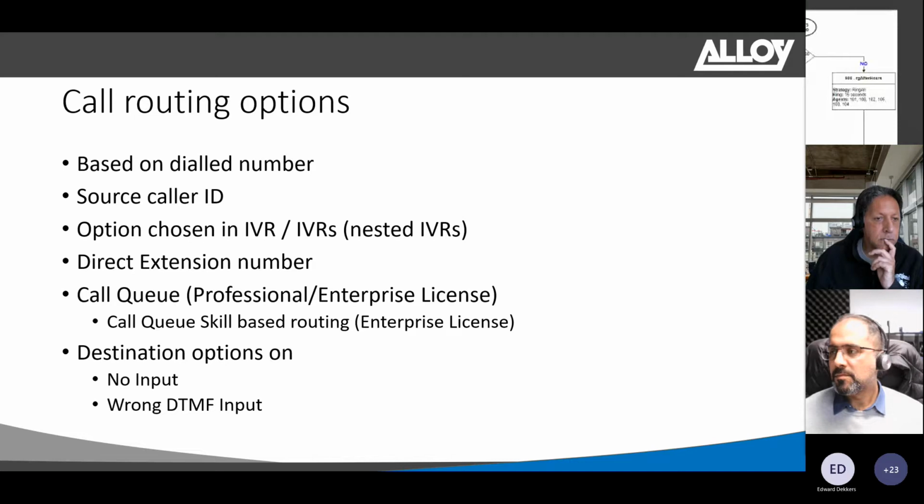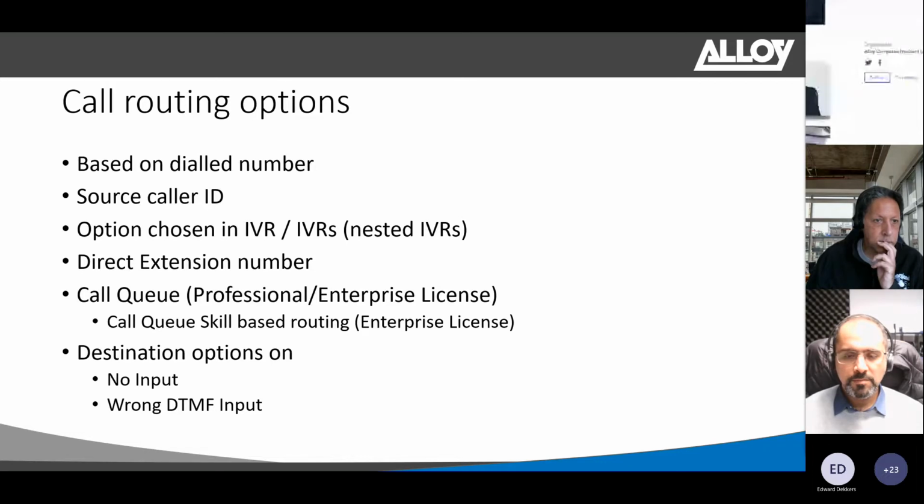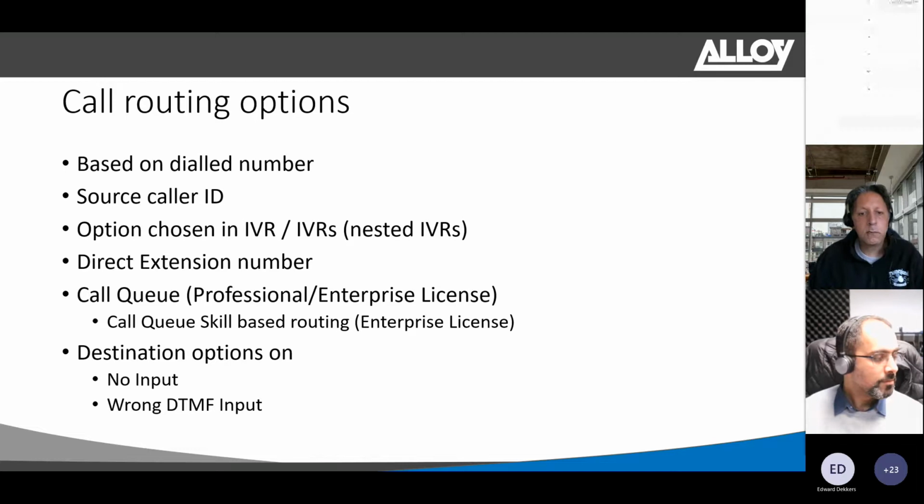For example, if we have a company that is nationwide and we want to direct the people based on the location code, the area code where they are coming from, we can route the people based on the option chosen in the IVR or multiple IVRs, language or area.